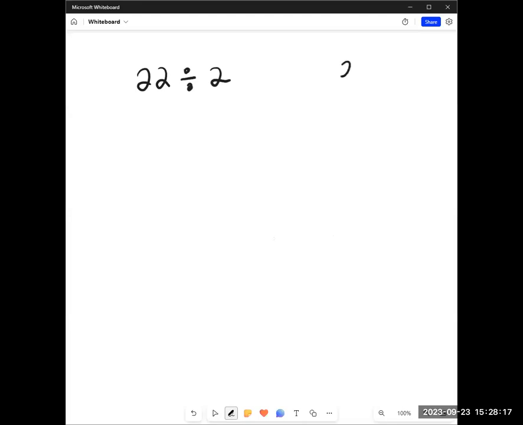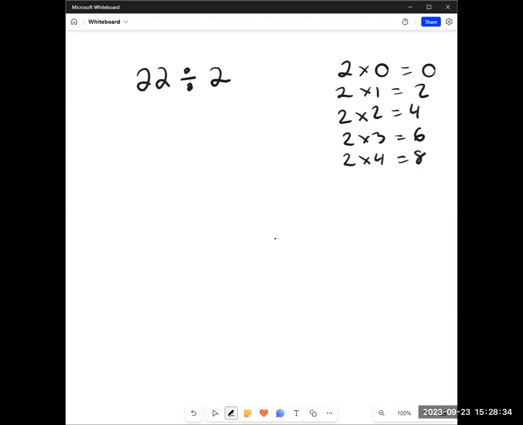And so we need multiples of 2. 2 times 6 is 12. 2 times 7 is 14. 2 times 8 is 16. 2 times 9 is 18.